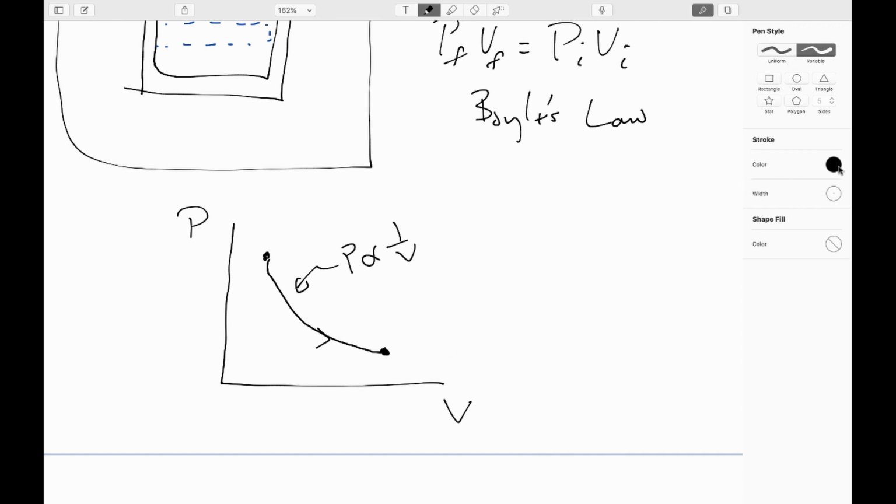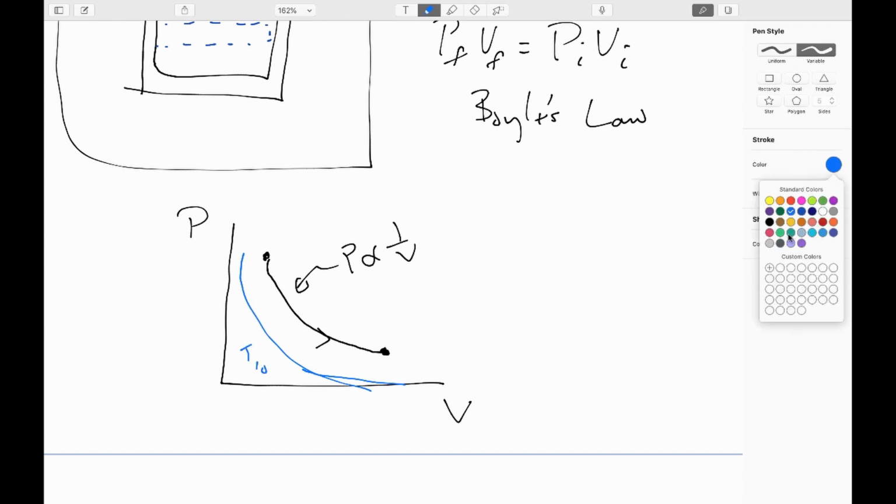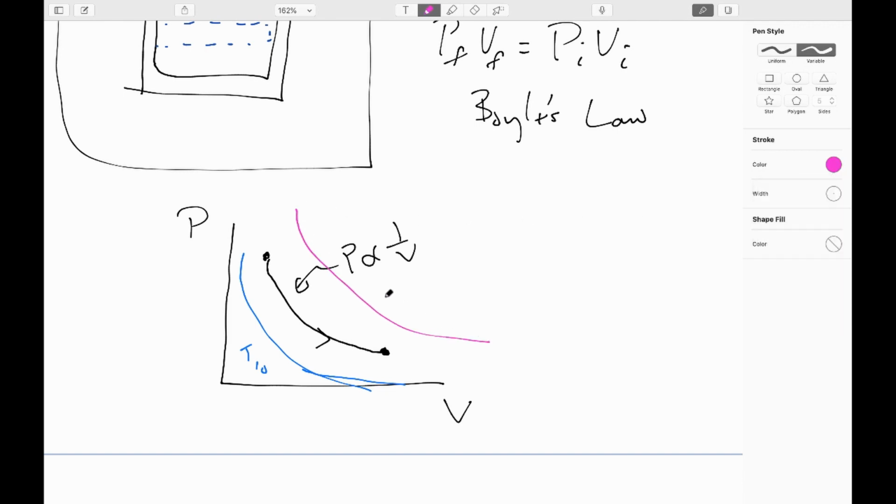And where on the curve you are is indicative of temperature. So if you're, say, here, this isotherm, as we call the curve, would represent a lower temperature than, say, this isotherm here. These are all supposed to be going as 1 over V. And the temperature here is somewhere in between. So the closer to the origin the isotherm hangs out, the colder the substance.